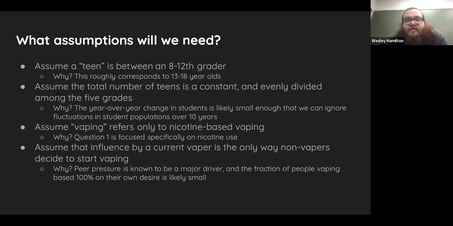Some other assumptions: total number of teens is a constant and evenly divided among the 5 grades. Our justification for that is the change in the teenage population probably isn't going to change very much over the next 10 years.